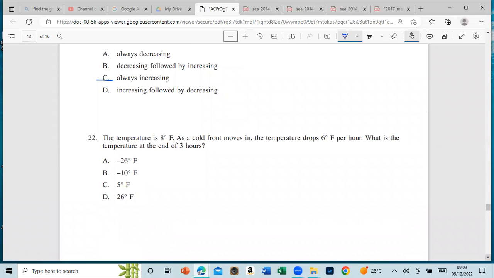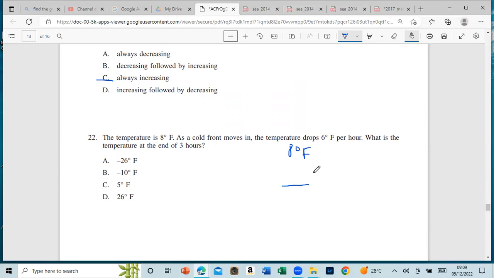The temperature is 8 degrees Fahrenheit. As a cold front moves in, the temperature drops 6 degrees Fahrenheit per hour. What is the temperature at the end of 3 hours? Right, so with the 8 degrees Fahrenheit, each hour is going to drop by 6.